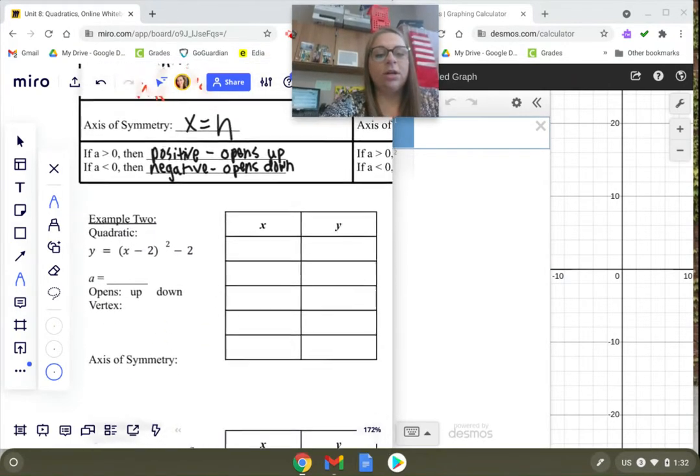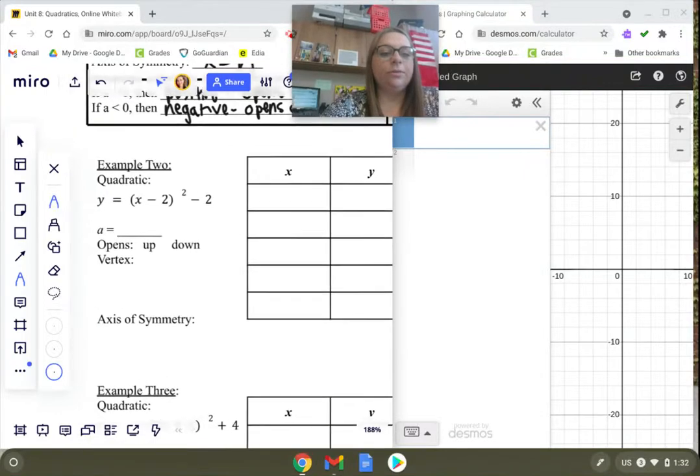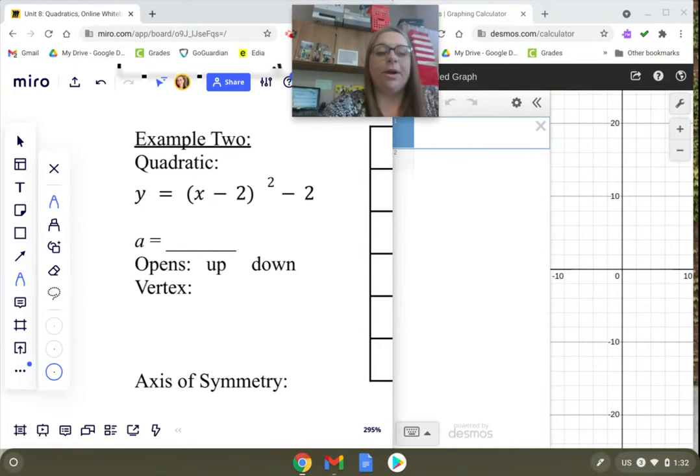Okay, so let's start by looking at example number 2. First things first, a is the number in front of my parentheses, and for this problem, there's no number written, so a is 1. Because it's positive, that means it opens up, so I'm going to have a quadratic that looks like that.